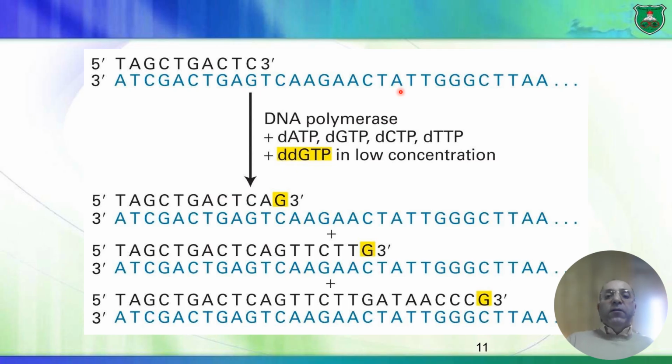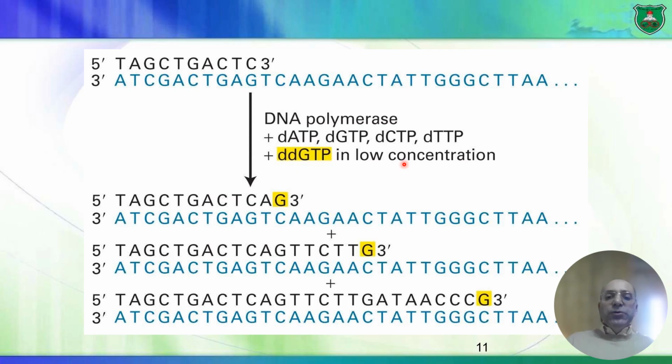And then we add very little dideoxy substrate, dideoxynucleotide. So this is added at low concentration. So we have 4 tubes. Each tube has DNA template, a primer, just one primer, okay, substrates, DNA polymerase, and then to tube number 1, we add dideoxy-GTP.